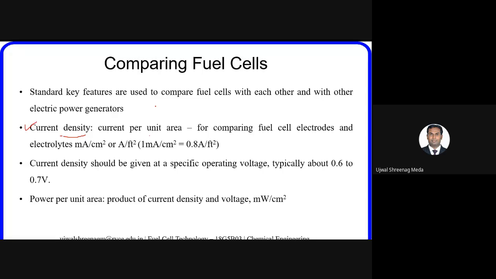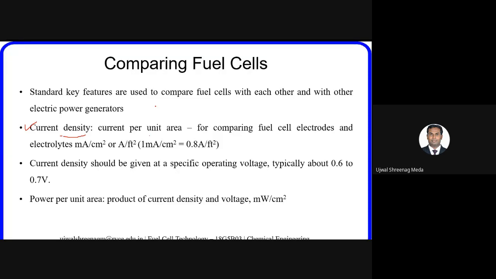Even though the reference is the same, that means we are talking about unit area in both cases, when it comes to current, current density is current per unit area. But when it comes to power, the power per unit area is not expressed as power density. So you have to pay attention to this.